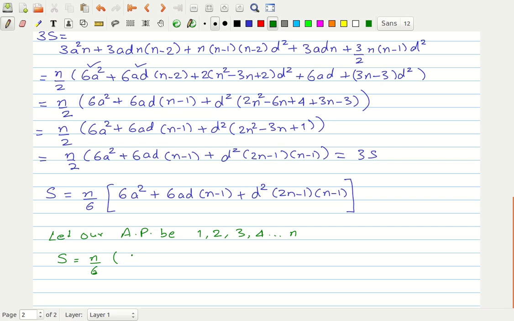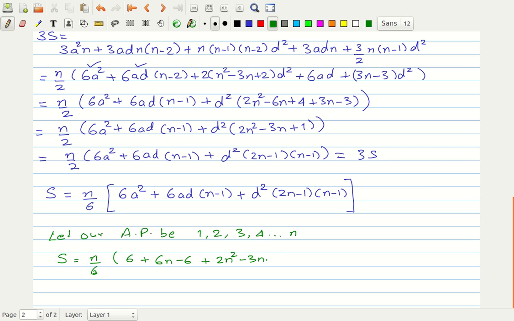6a square will become 6, plus ad will be 1, so this will become 6n minus 6, plus d square is 1, so this will become 2n square minus 3n plus 1.